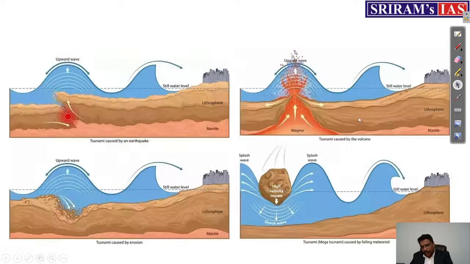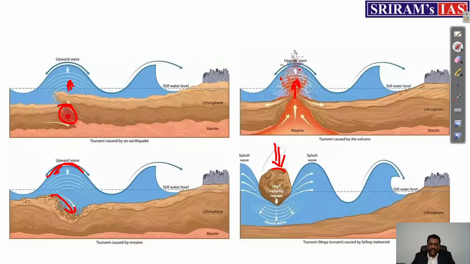And how exactly is this mount of water created? In any number of ways. Number one, the default one: sudden upliftment of the ocean floor, an earthquake. Sometimes even a submarine landslide can move the water. Or when a submarine volcano suddenly explodes, a mount of water can be created. Or even a meteoroid strike with high velocity can create a mount of water.